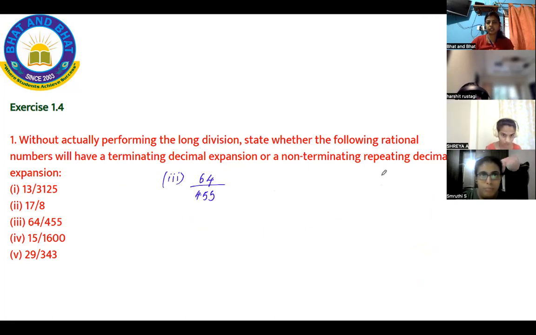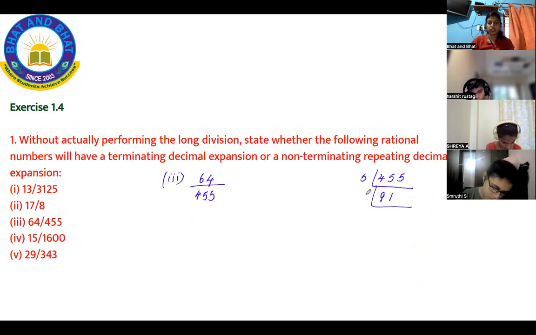So let us do the prime factorization of 455. 5 nines are 45, 5 ones are 5. Then 7, 7 thirteens are 91. So we got 455 is equal to 5 into 7 into 13.